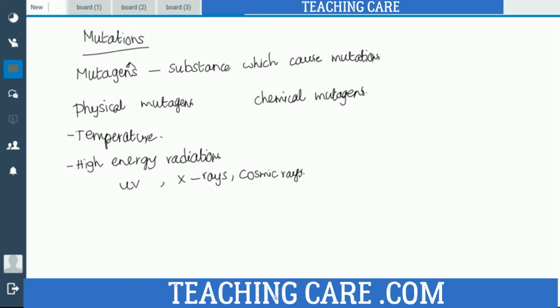What is cosmic rays? Cosmic rays means the rays coming from space. They are called cosmic rays. Ultraviolet rays, hard X rays, and cosmic rays cause mutations.